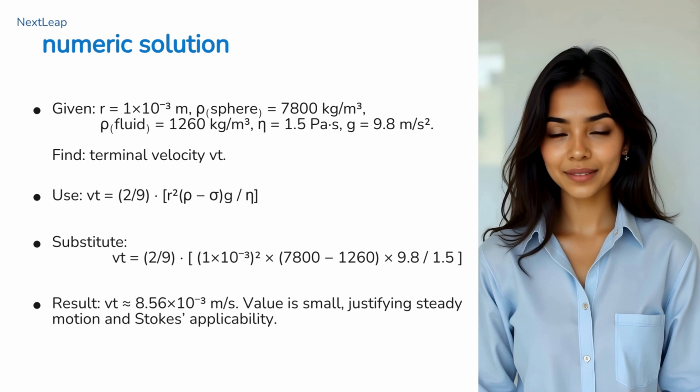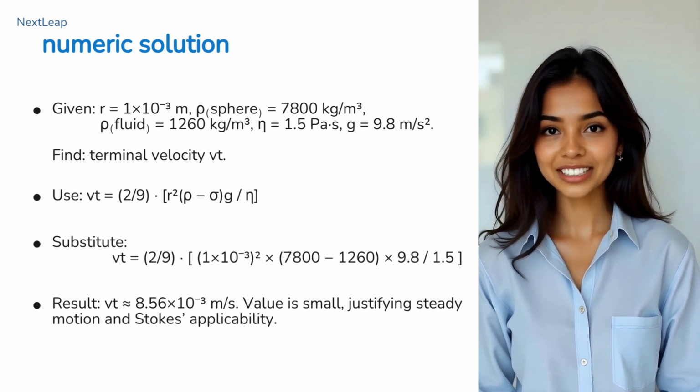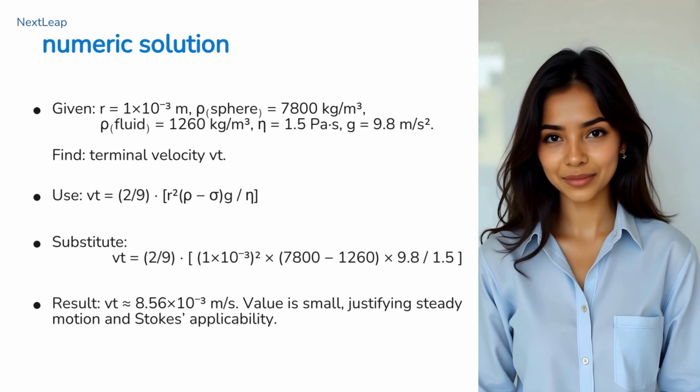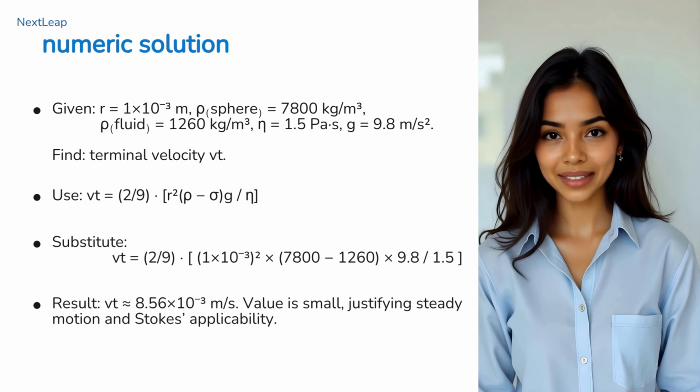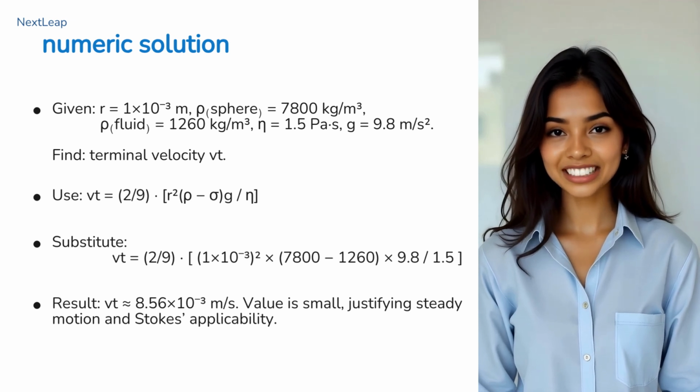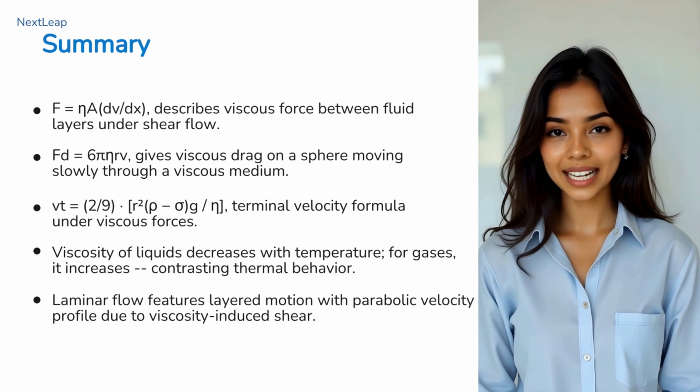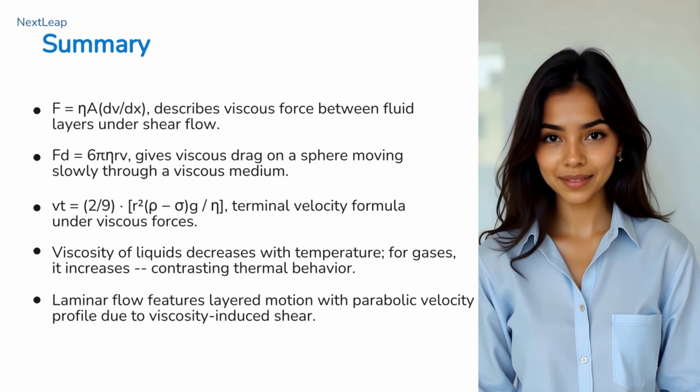Crunching those numbers, the terminal velocity comes out to approximately 8.56 times 10 to the minus 3 meters per second. Wow, that's a tiny speed, confirming that the sphere moves very slowly and steadily, justifying our use of Stokes' law here. Let's quickly recap what we learned about viscosity today.